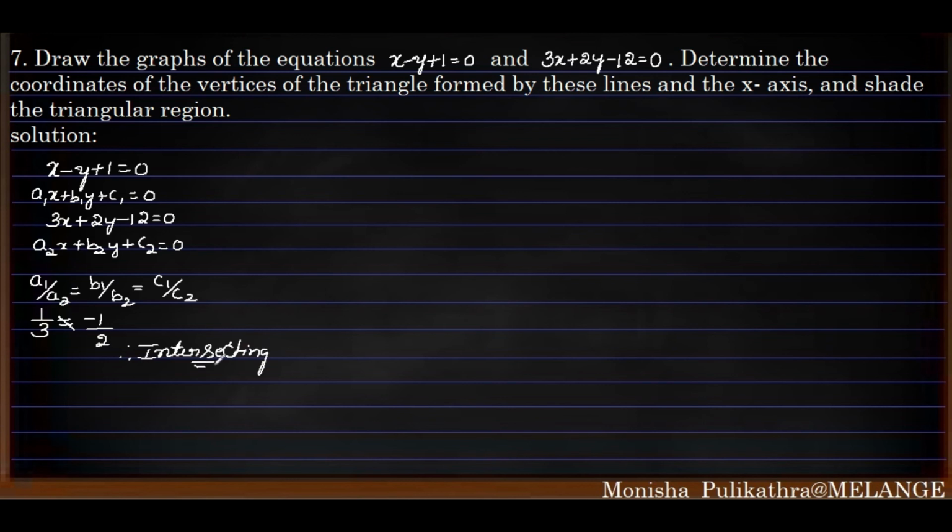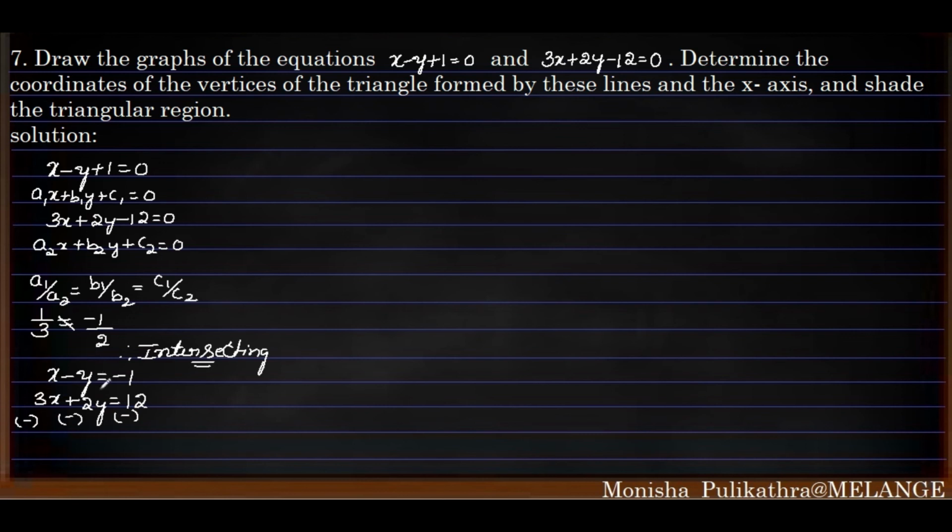After getting these intersecting lines, we need to find the point of intersection. In order to find the point of intersection, we need to solve these two equations. First is x minus y, and this plus 1 I am shifting to the right hand side, so it will be minus 1. Next is 3x plus 2y, and I will shift this minus 12 to the right hand side, it will become plus 12.